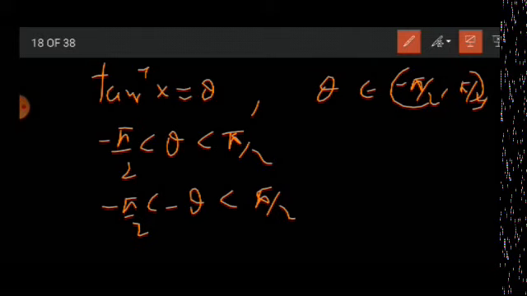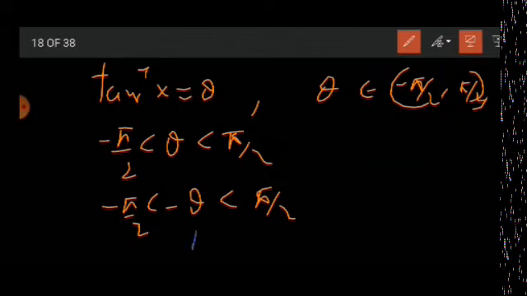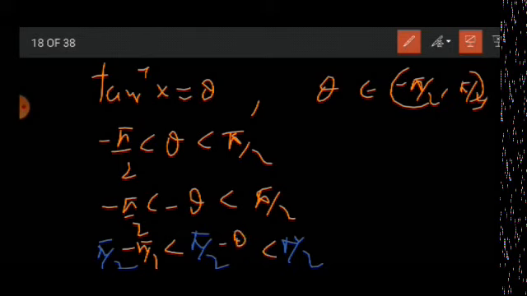Now let me add pi by 2 on both sides: pi by 2 minus pi by 2 is greater than pi by 2 minus theta and less than pi by 2 plus pi by 2.